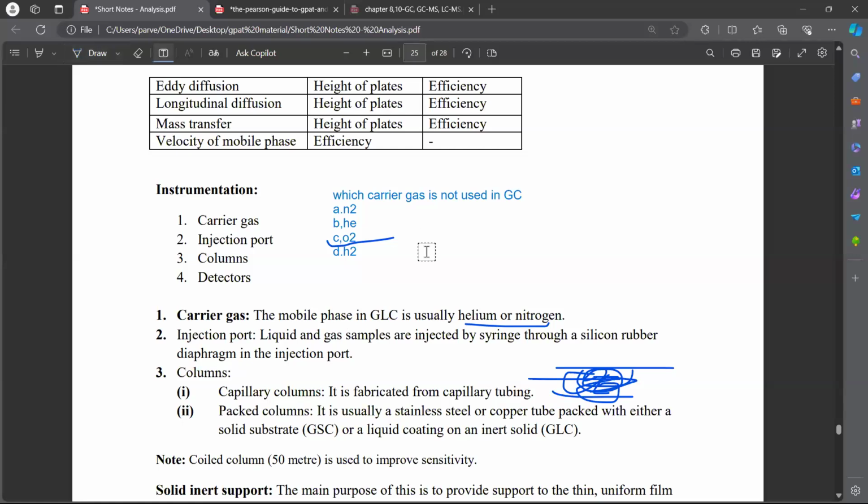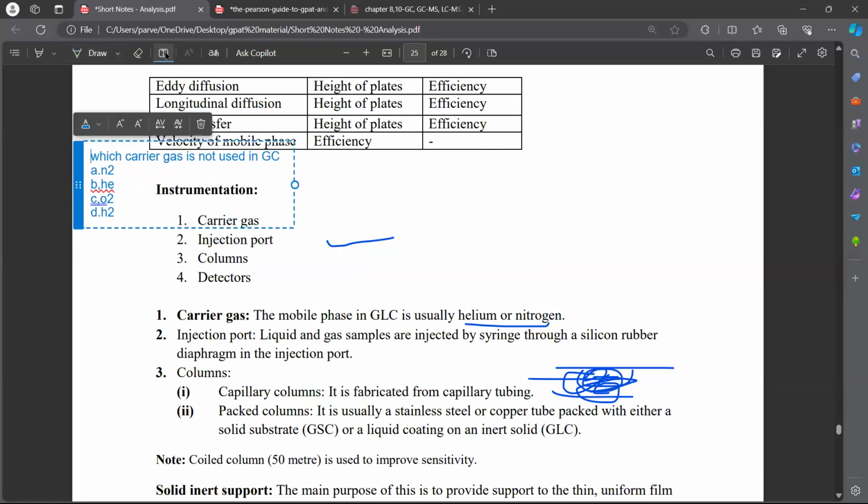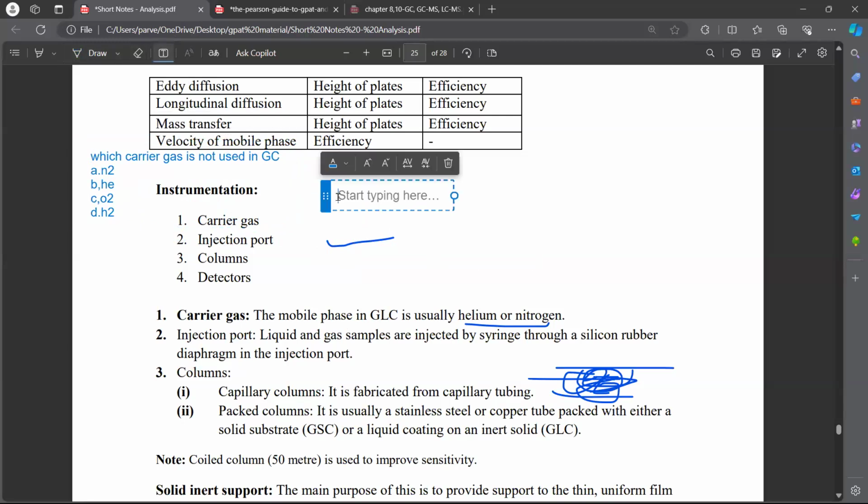Let me write here, guys. The capillary column can be of WCOT, SCOT, or support coated types. A wall coated open tubular column is one where the wall of the column is coated with a stationary phase in the form of liquid.